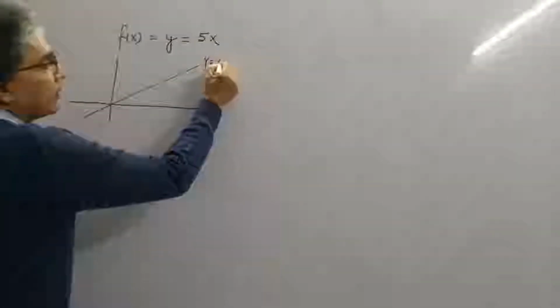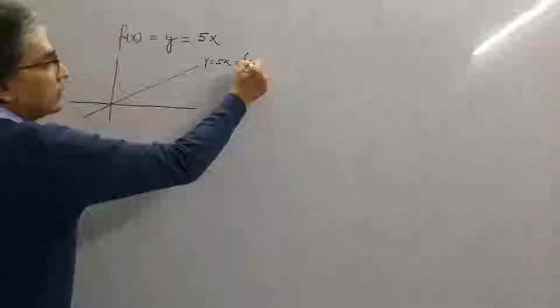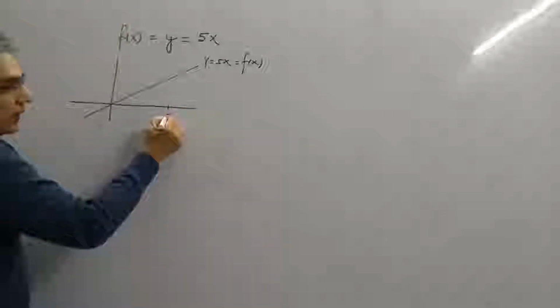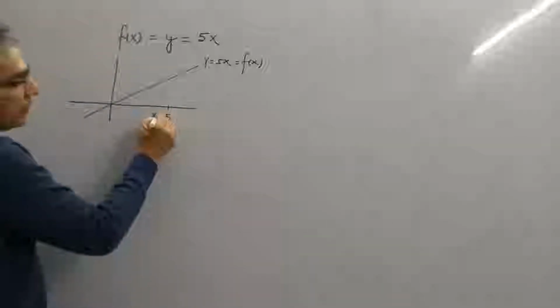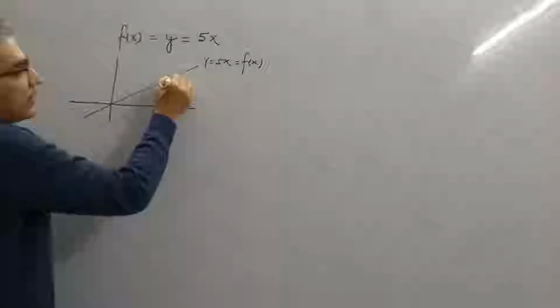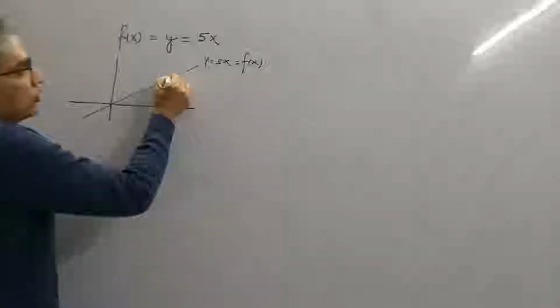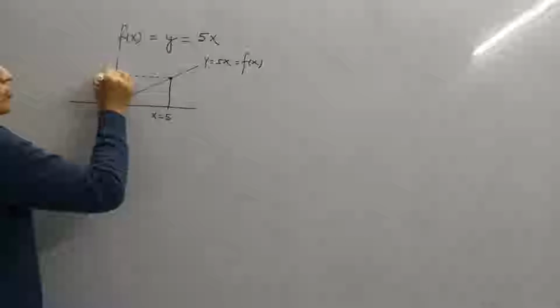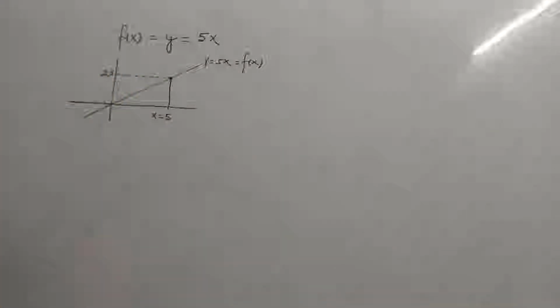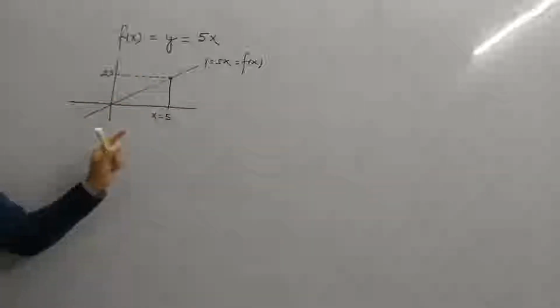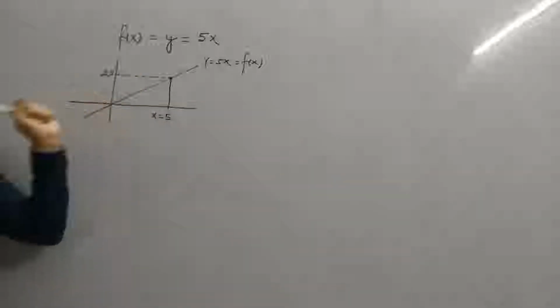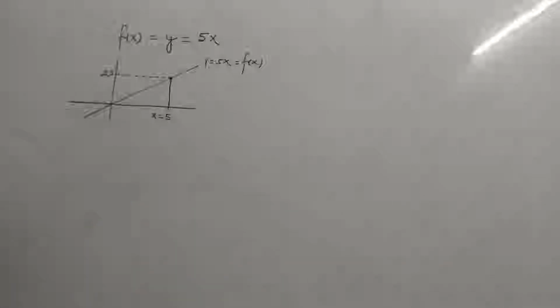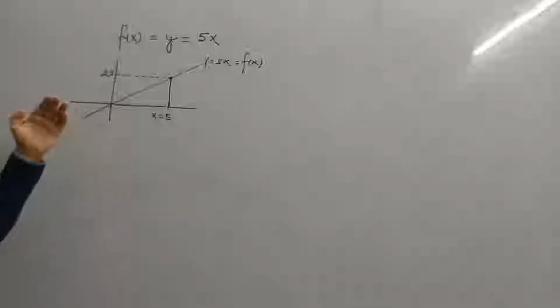I told you that when x goes to 5, the function gets the value 25. Now we wrote that the limit of the function when x goes to 5 is 25. Now how can you justify that? Now this is the limit, how can you justify that?